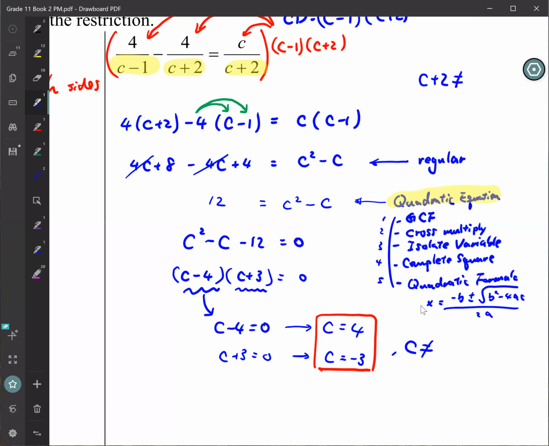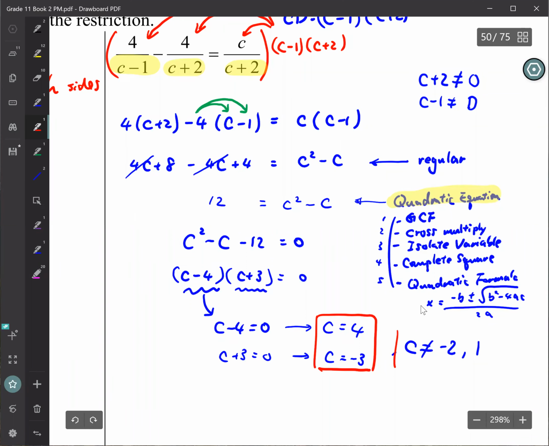So you will say C plus 2 cannot equal to what? 0. And then you solve, so C cannot be -2. And where else? C minus 1 cannot equal to 0. So C cannot equal 1. Okay, so you need to know where to find the denominator.